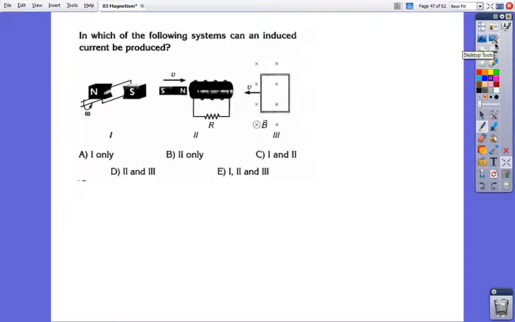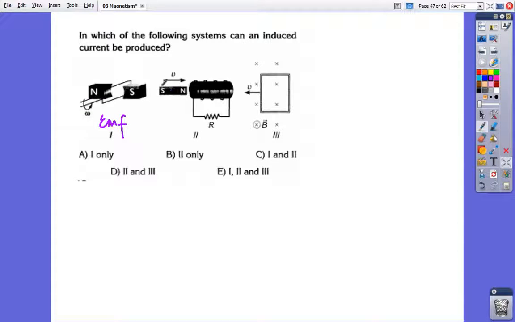Next, in which of the following systems can an induced current be produced? Here, of course, if it is moving in a circle, it is having rotational motion, it will make the angle theta change, so it will create EMF.